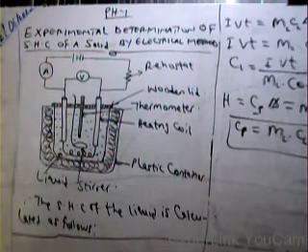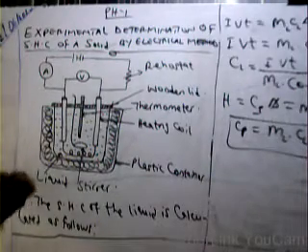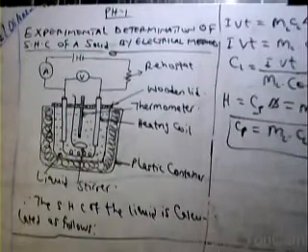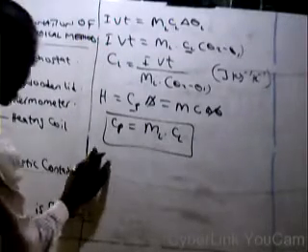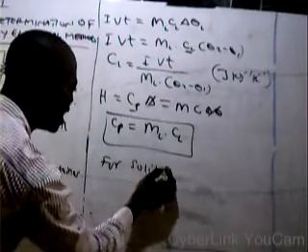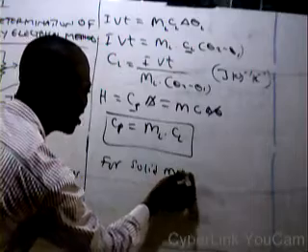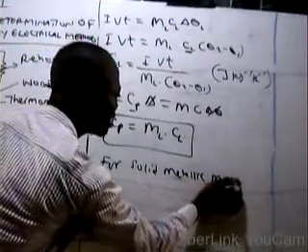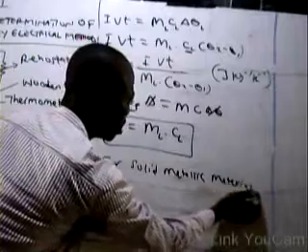Now, what we need to do, let me quickly explain that. We have another diagram here, if it is for a solid metallic material, say a copper block.